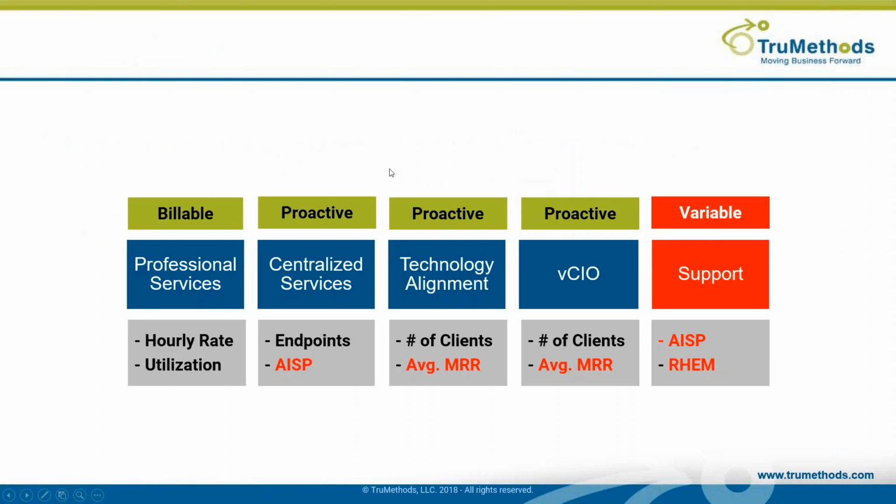So let's go back and look at our 5 delivery areas a little differently and think through the logic on each of them. The first one is professional services. As you said, Bob, for the most part, this is a billable role. These are mainly projects that are done outside of your monthly fee, your managed service fee to your customer. With that, the drivers there are simple: how much do you charge per hour, and what's your utilization rate?